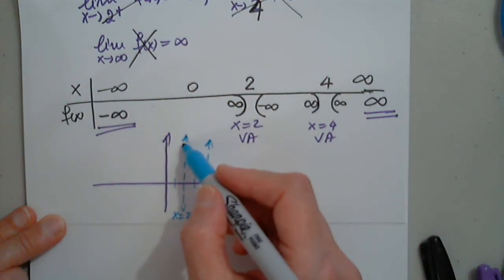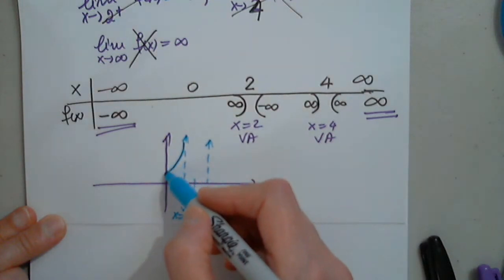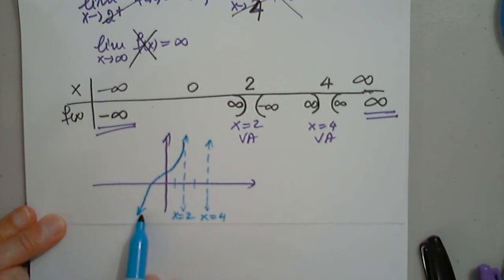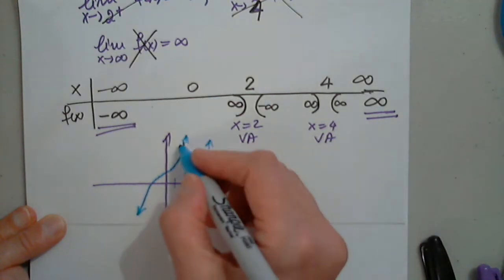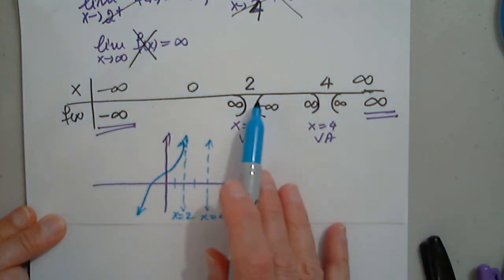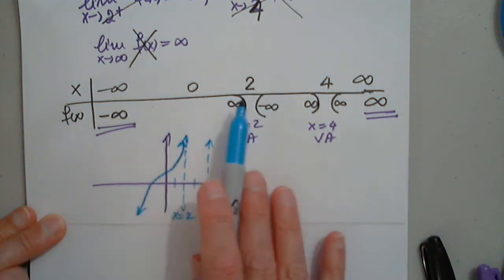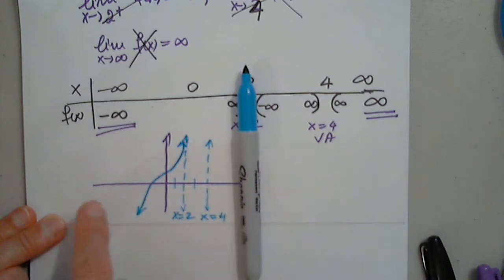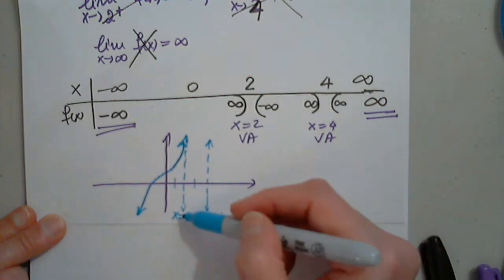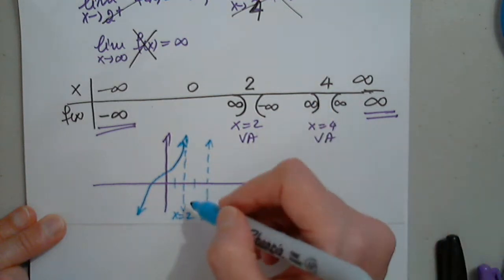So my choice is this. Negative infinity. And somehow getting closer and closer, not touching the left-hand side of the vertical asymptote x equals 2, it goes to infinity. Now between these two asymptotes, it's coming from negative infinity and going to positive infinity.